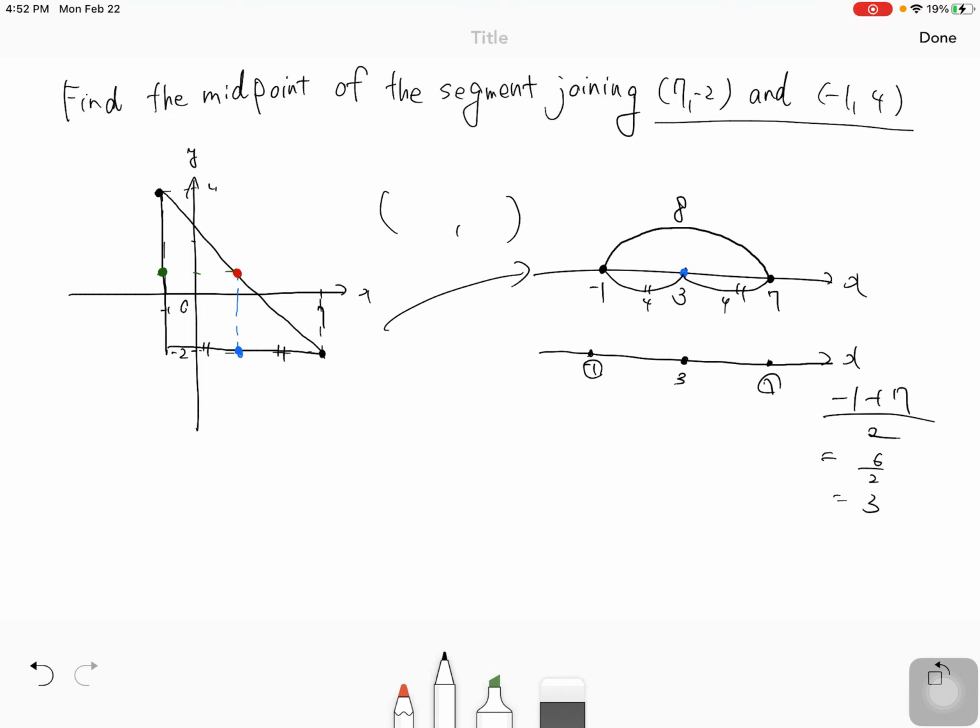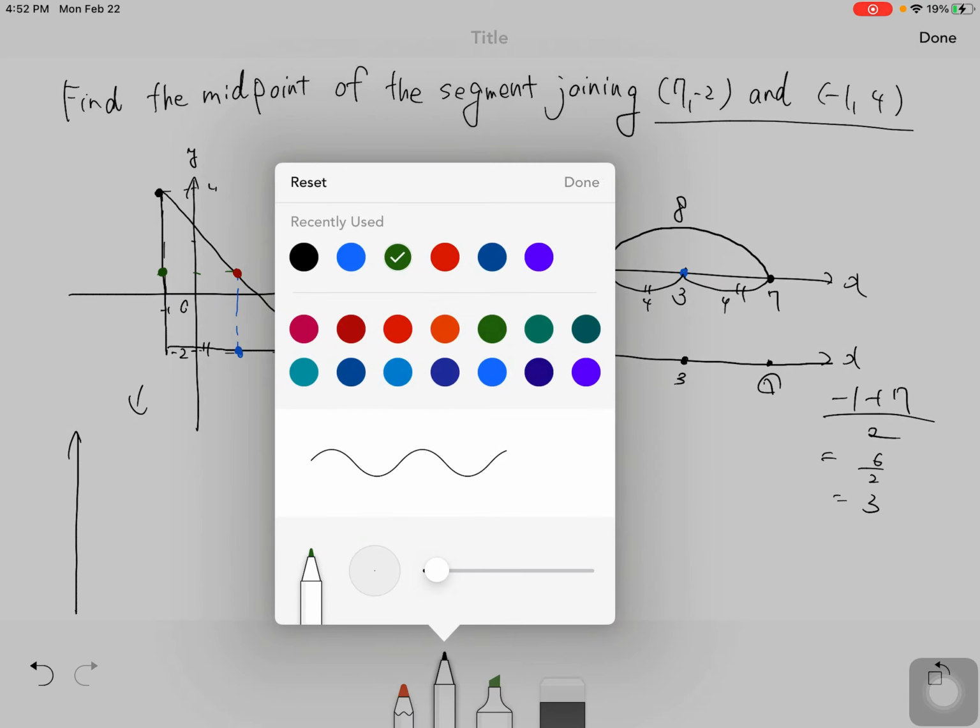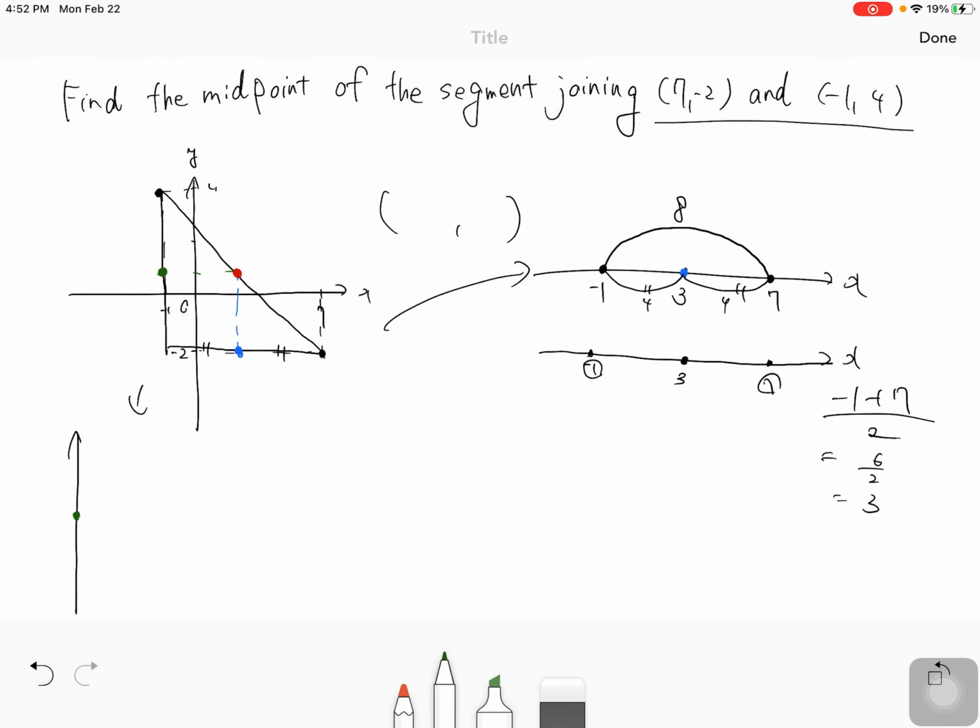Similarly, you can find the y value of this green point. Let's pick it up here. The y value of the top side is 4, and the bottom is -2. So again, the length from here to here is 6. So it's going to be 3 and 3.